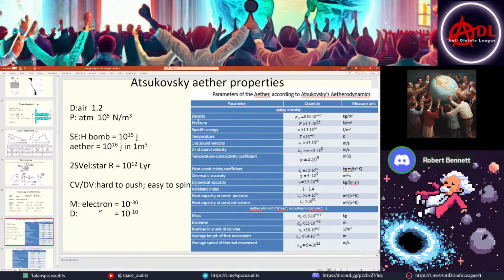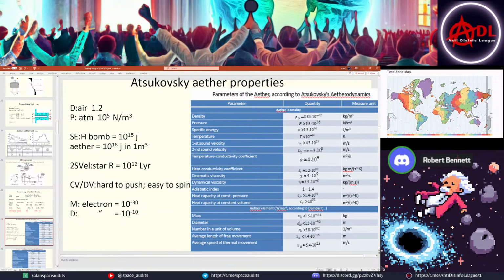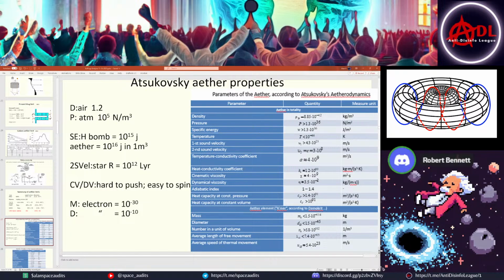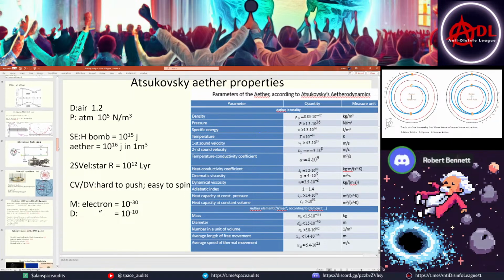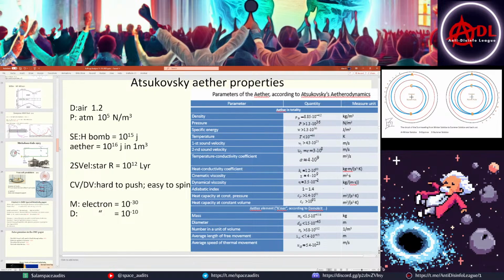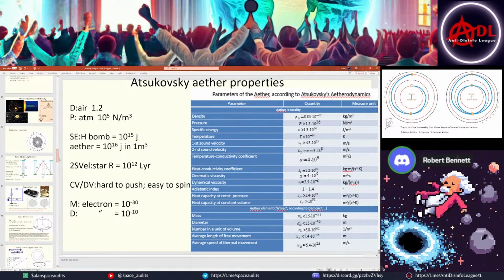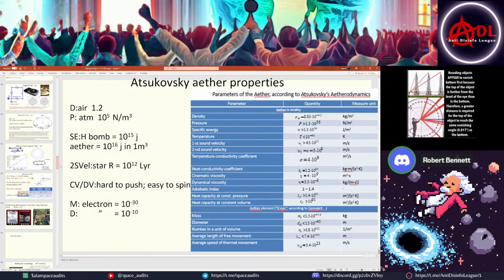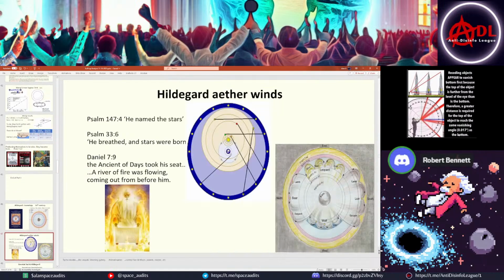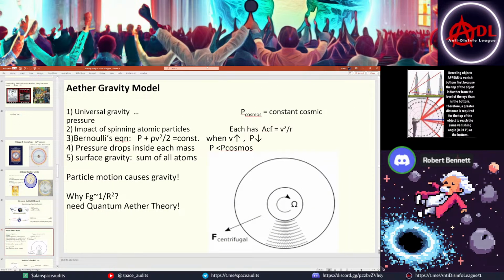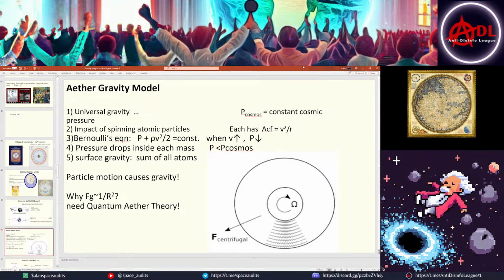So the model for Hildegard, as far as the pressure of the ether, is that it's enormously large and it fills the entire universe. But then there's a problem. We know that the force of gravity on the surface of planets of mass varies with the inverse square law, and it's different on each planet's surface, but it would have to be constant if you use the Hildegard model.